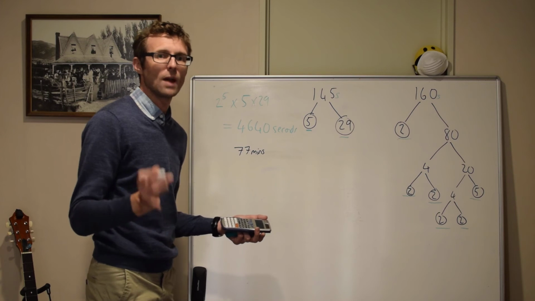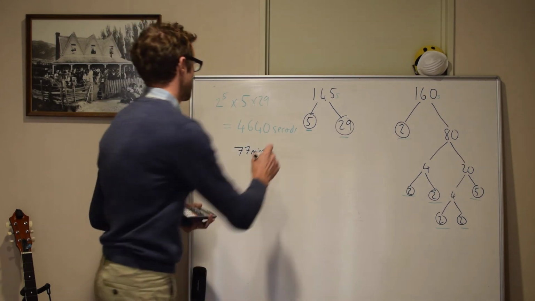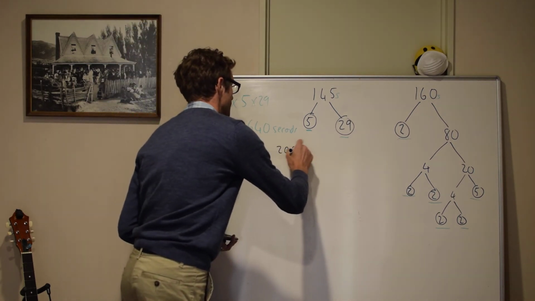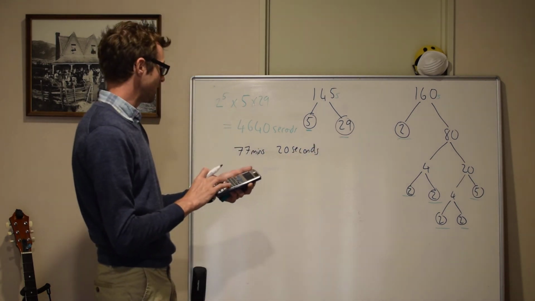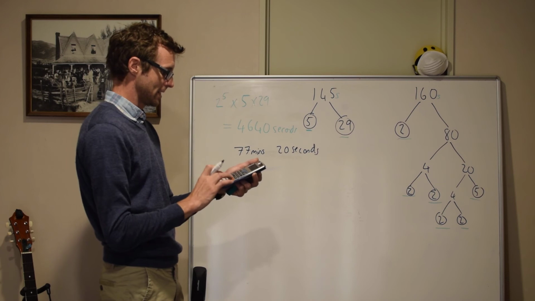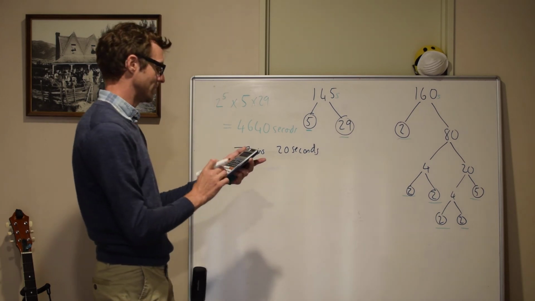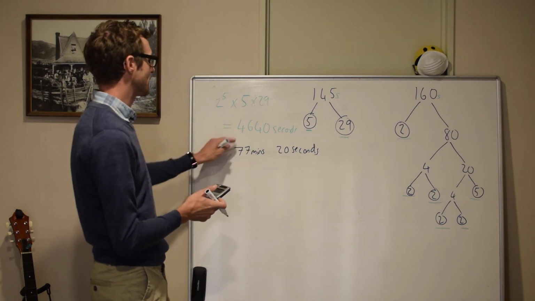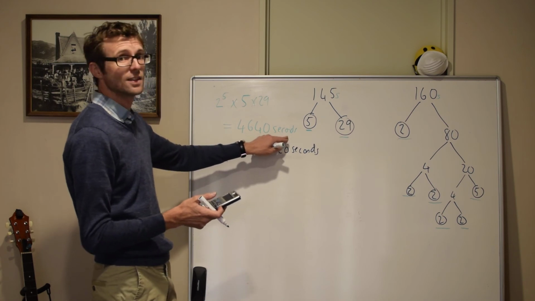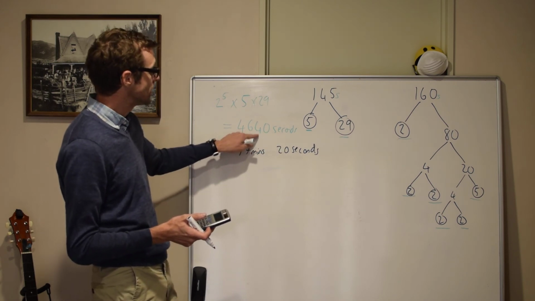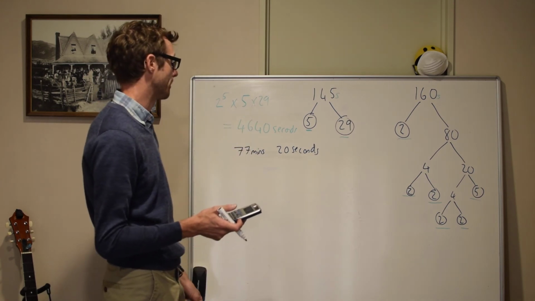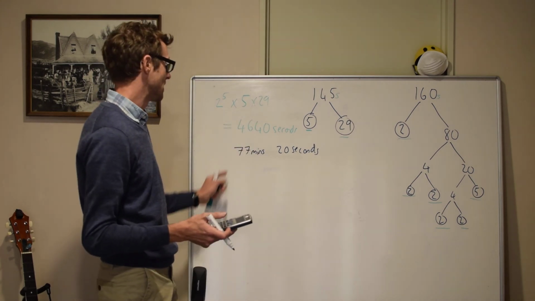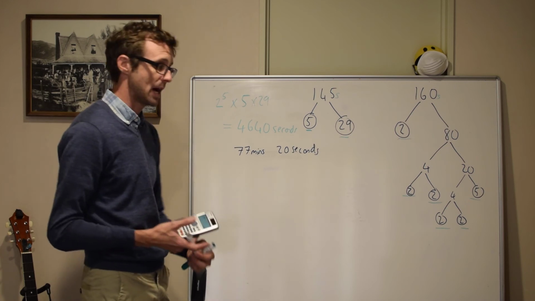So you could say it's 1/3 of a minute, which is 20 seconds. If you didn't click, you could have gone 77 times 60, which gives you 4,620 seconds, which leaves you with 20 more to make up the total time of 4,640. I hope that makes sense. So that's the answer to the second part of the question.